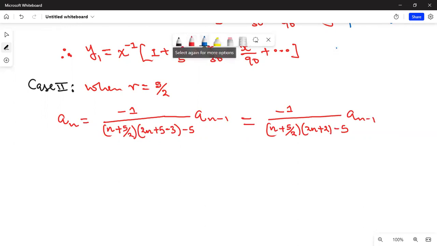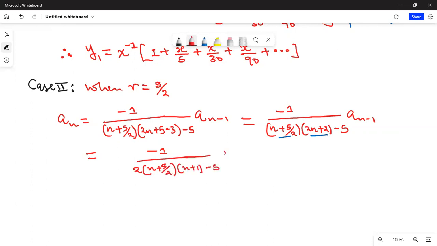From here, I can factor out 2 so that I have 2 into n plus 1. The 2 will multiply the first bracket. It is the same as -1 over 2 into n plus 5 over 2 times n plus 1, I've factored out 2, then minus 5 times a_{n-1}.